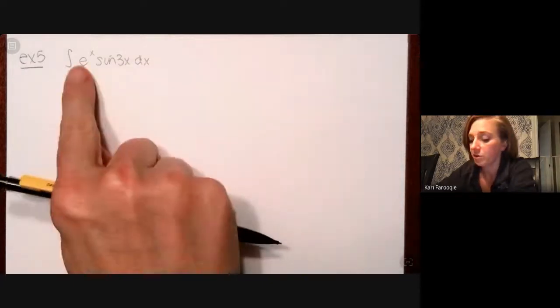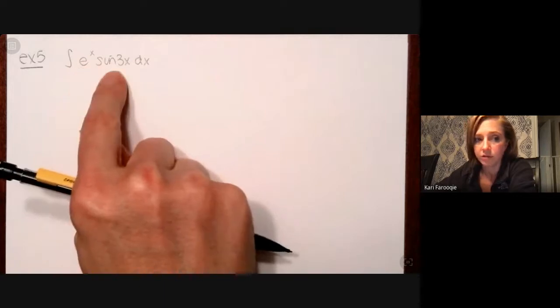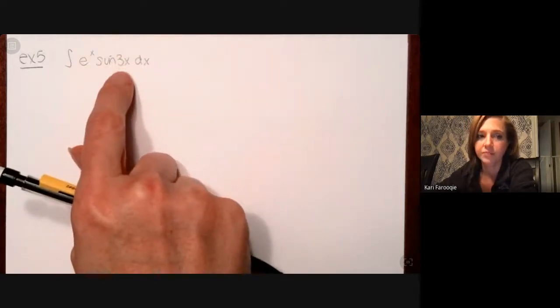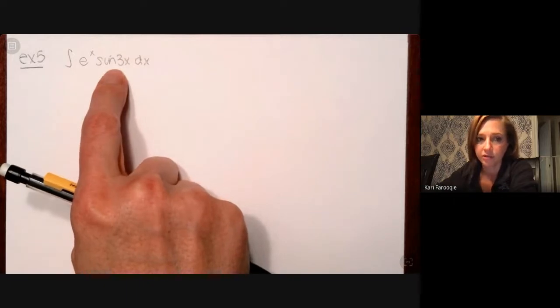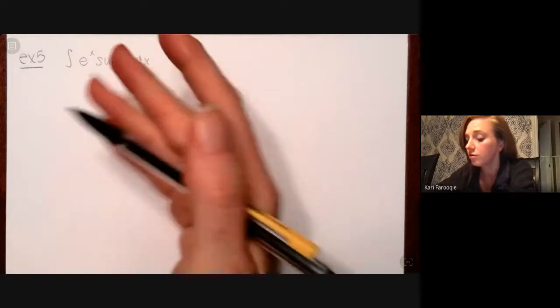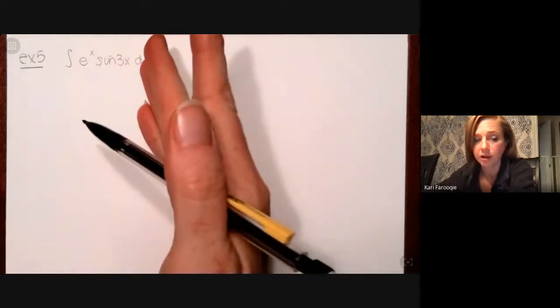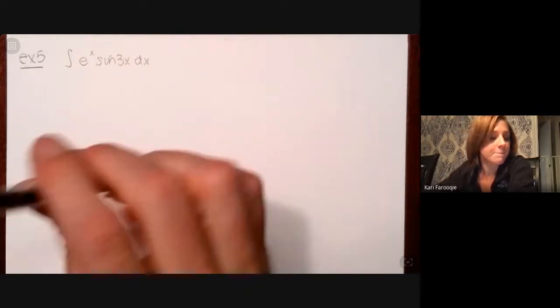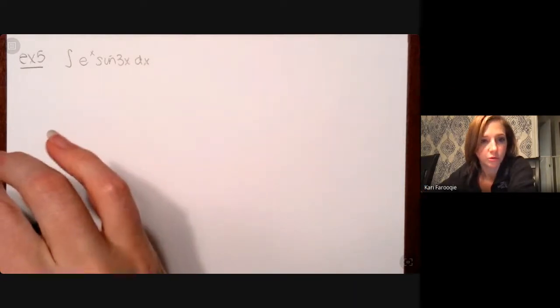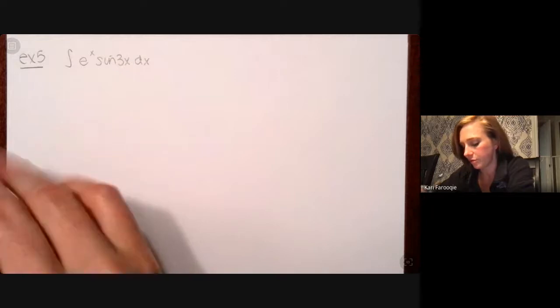But what's going to happen here is no matter what, either one of these functions whose derivative you take, you're going to end up with another function that's similar to that. So the derivative of sine 3x is going to be 3 cosine 3x. So not really changing anything, certainly getting more complicated in that case. It kind of depends on which one you want to take the derivative of and which one you want to integrate.